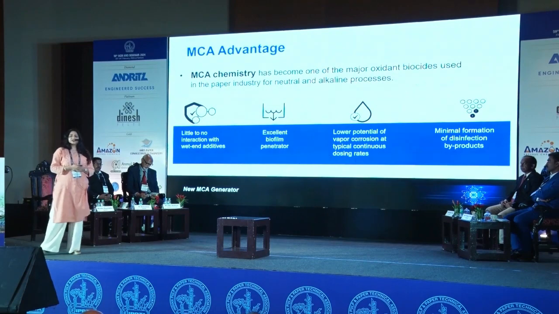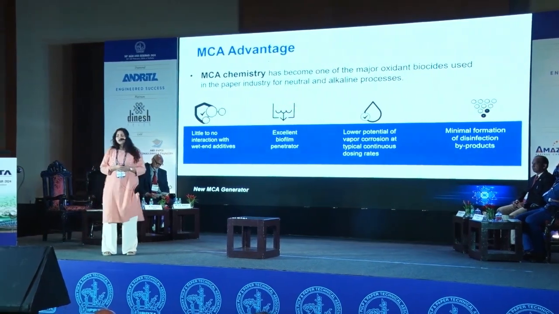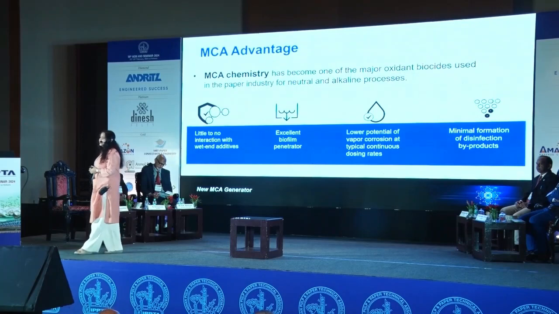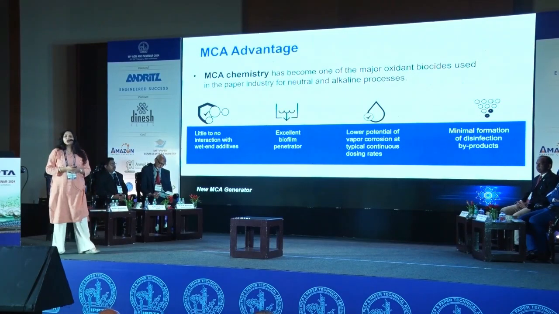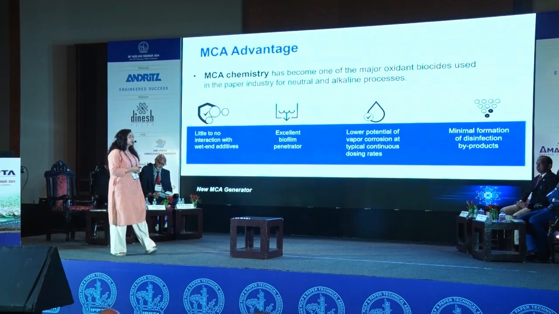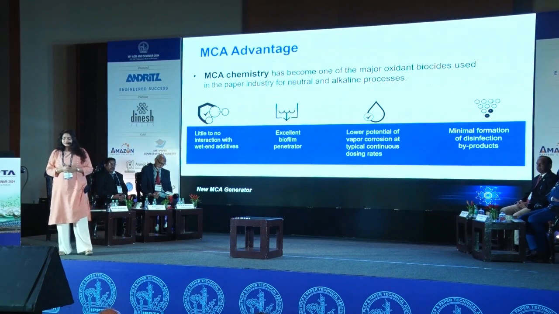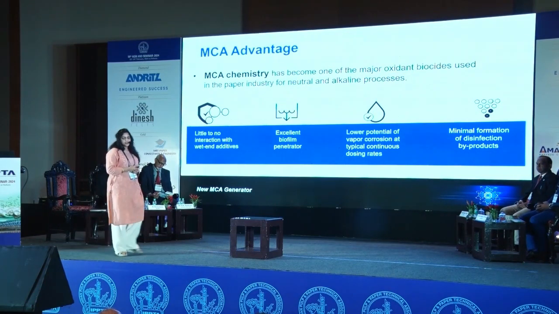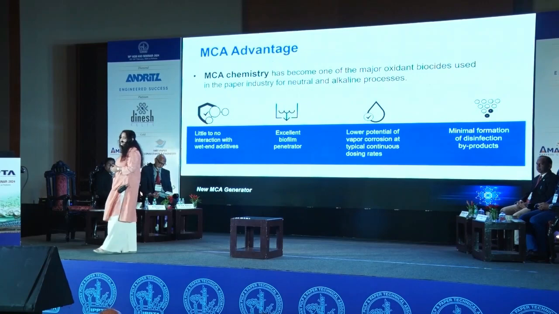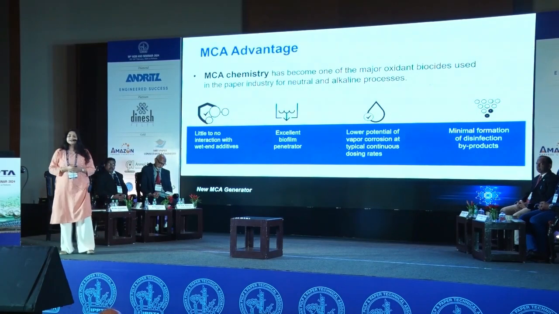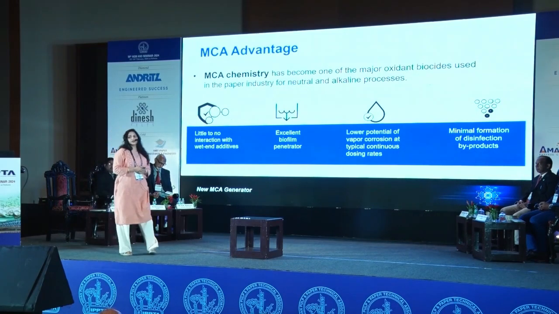It has a great penetration skill. It can stop starch degradation, and it can also stop the formation of VFA, which is the major issue in recycled grade fiber in this market. It also forms very little absorbable organic halides and trihalomethanes in your ETP. Due to these several advantages, it has become one of the major chemistries in the pulp and paper industry.